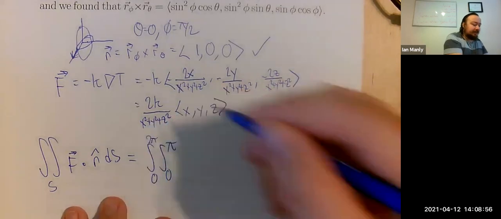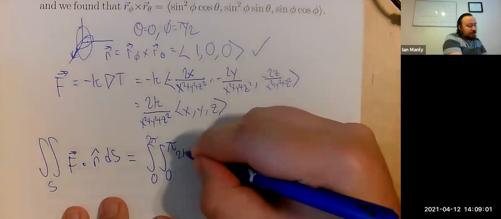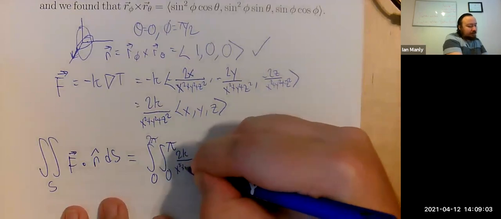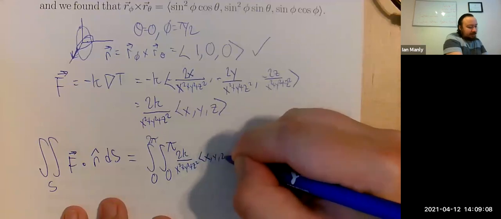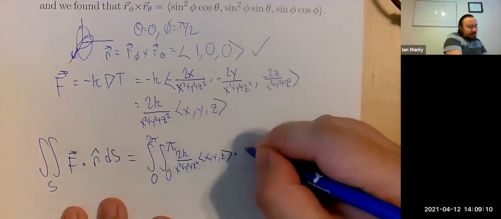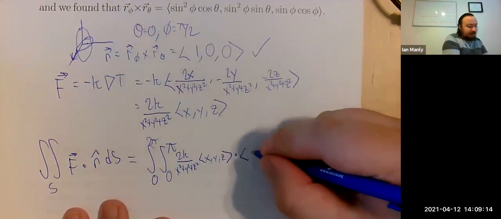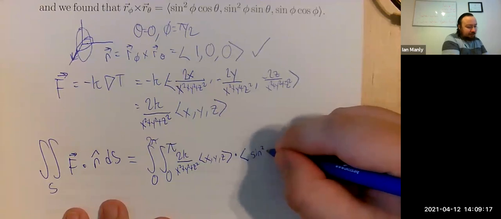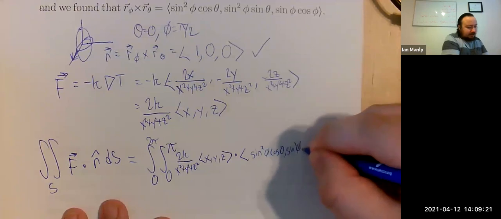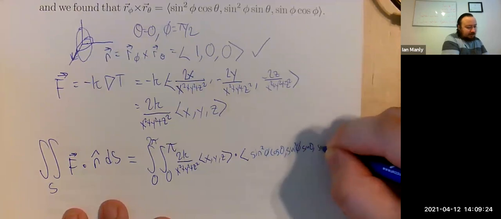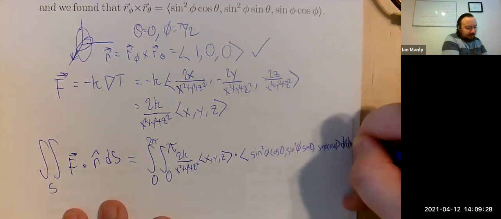And then we have f, which will be 2k over x squared plus y squared plus z squared, then we have x, y, and z dotted with r phi cross r theta. Now, don't worry, I'm going to get these to match up with their coordinates in a second so we have all the same variable. Sine of theta, and then sine of phi, cosine of phi, and this will be d phi, d theta.